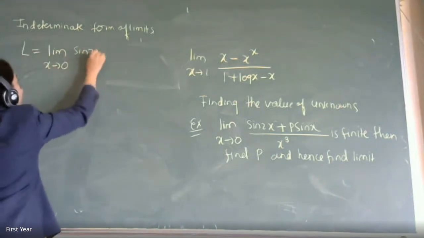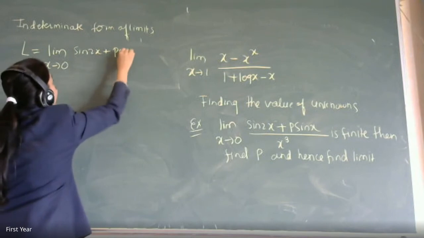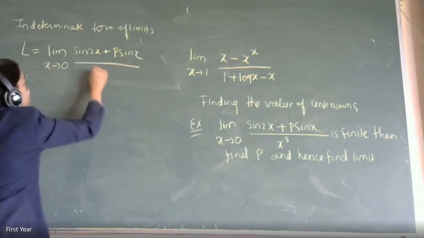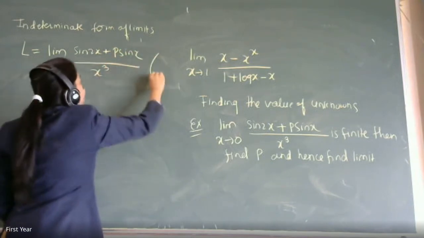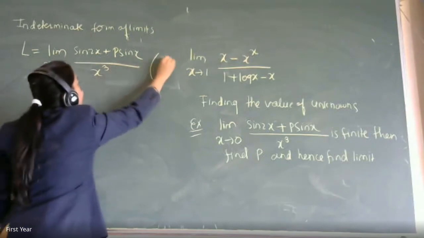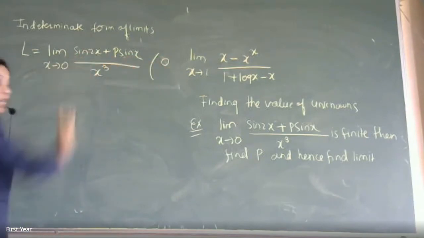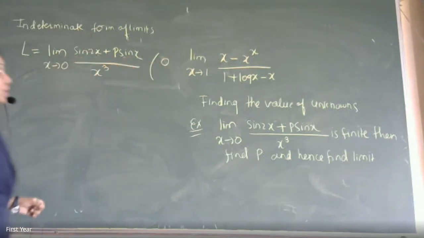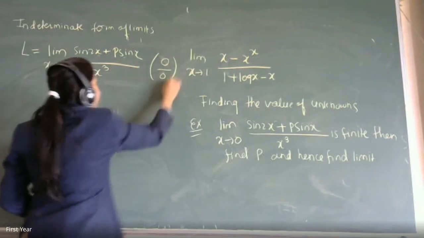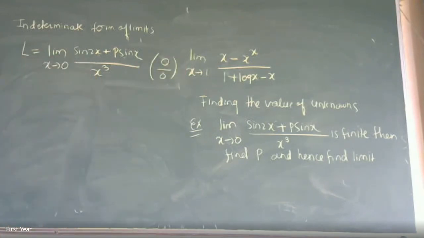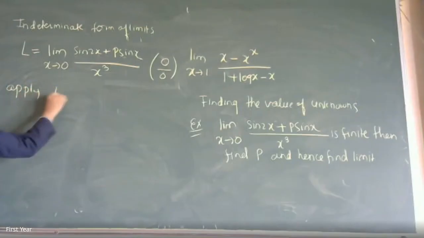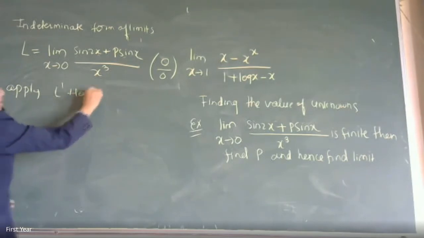Put x equal to 0. So you get sin 0 is 0, sin 2 times 0 is also 0. So it is 0 by 0. Yes or no? Yes, ma'am. So you have to apply L'Hospital rule.